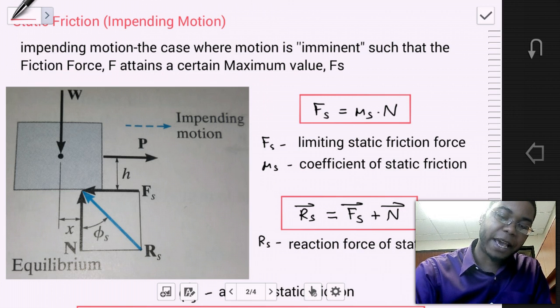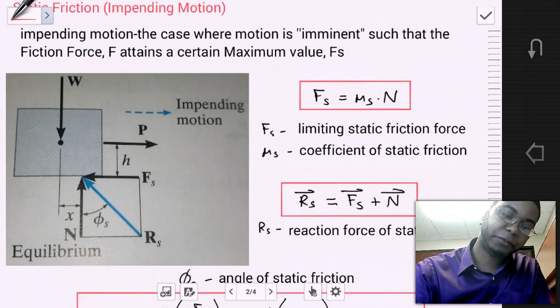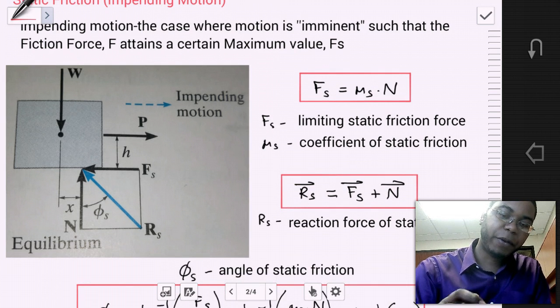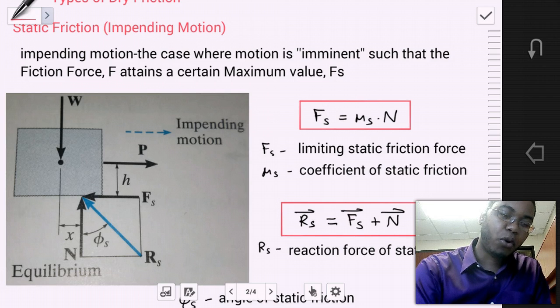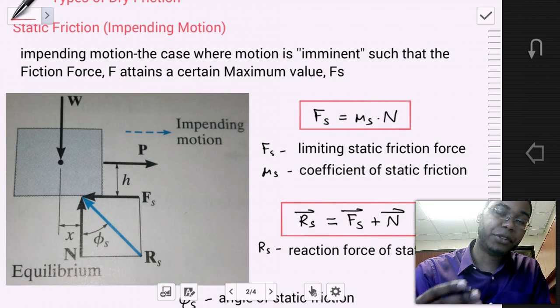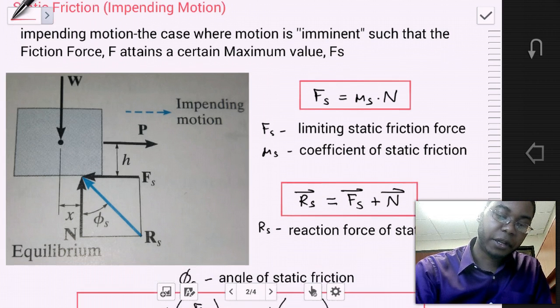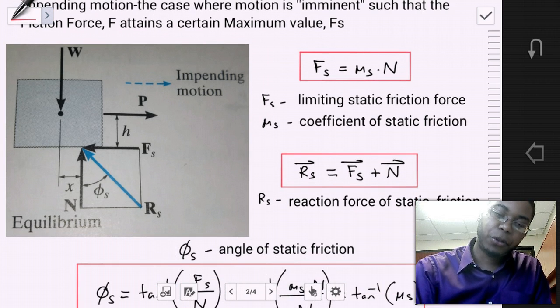In order to find that resultant reaction force, Rs, we can simply sum the Cartesian vectors for Fs and for the normal force n. So it's very important to understand what impending motion means: motion being imminent, but motion not occurring.